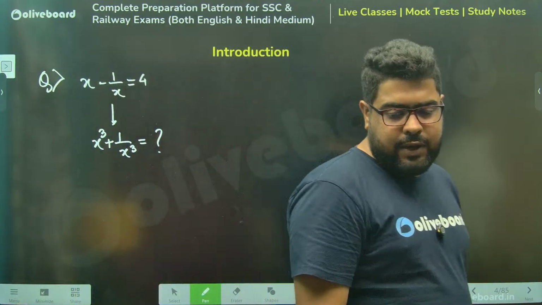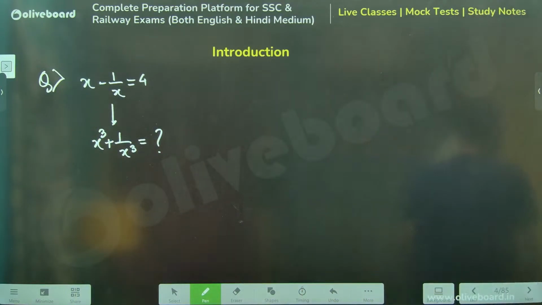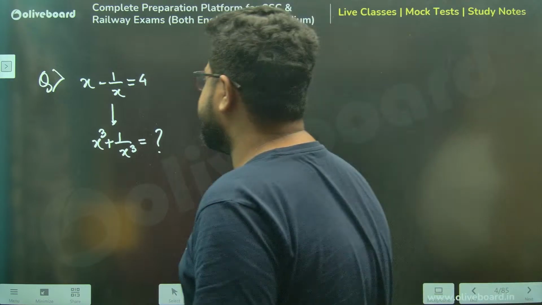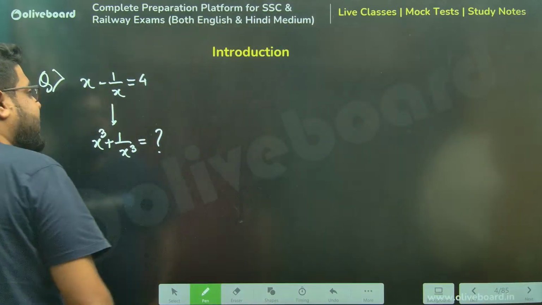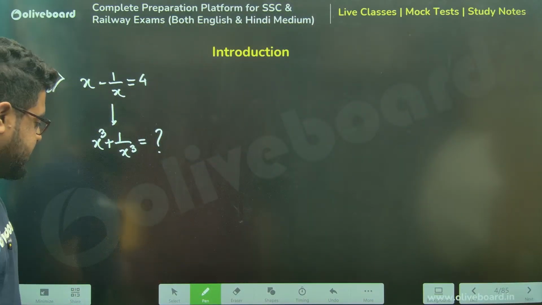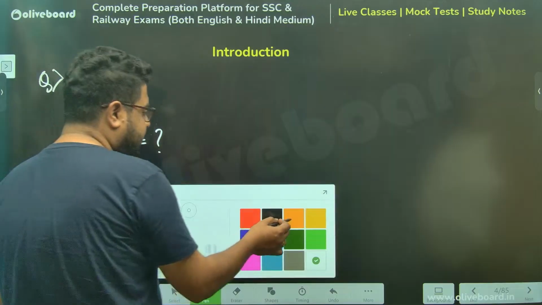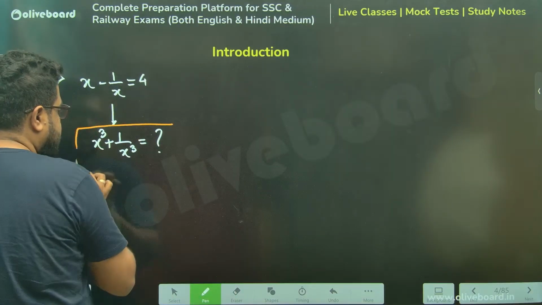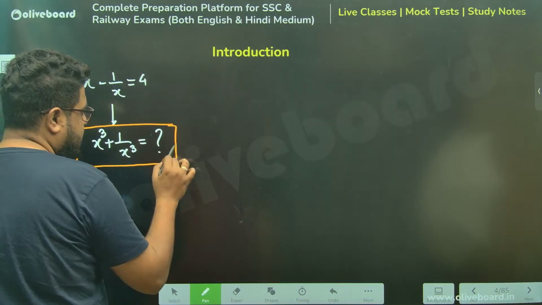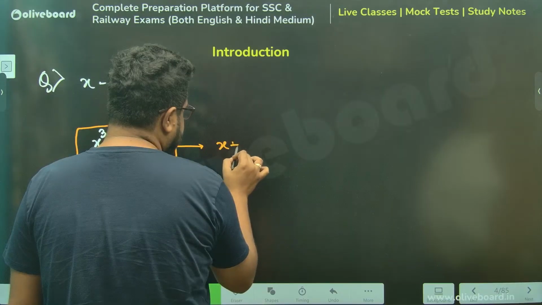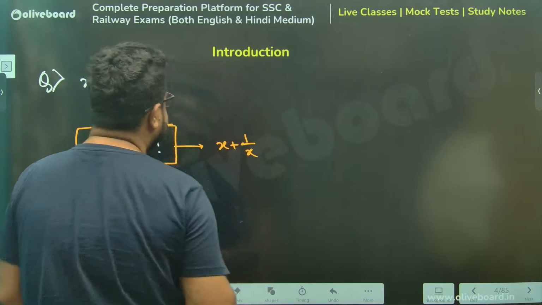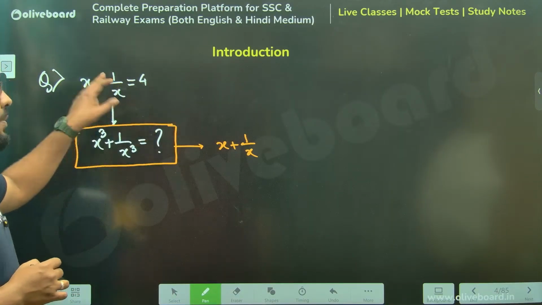What will we be doing over here? From here, I can directly get x cube minus 1 by x cube, not the other. So if I want to find this, the raw material that I need is the value of x plus 1 by x. How can I get to this from here?